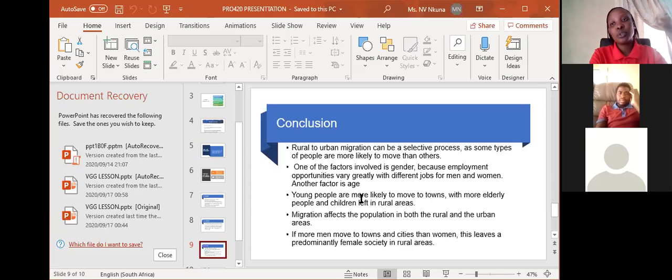So most people move from rural areas for better houses in urban areas, for jobs, and for better hospitality.